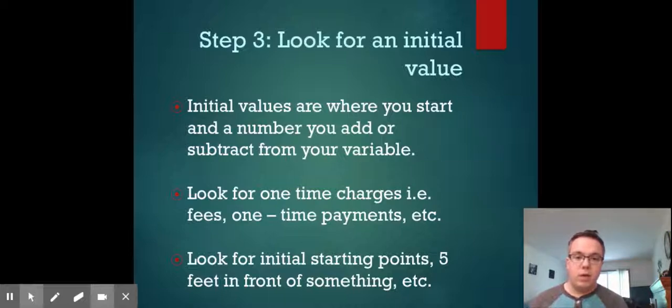So we're going to look for one-time charges with money, one-time payments. Maybe there's an initial charge, something we start with when we begin, and then we're going to add that on. For distance, maybe we start 5 feet in front of something or behind something, so we can add or subtract from there.